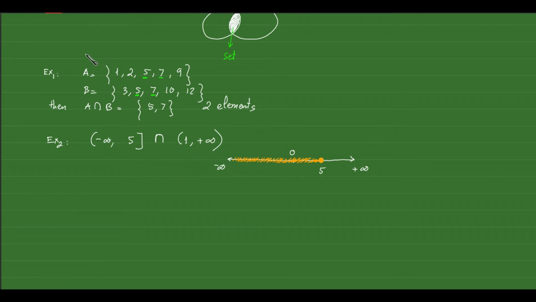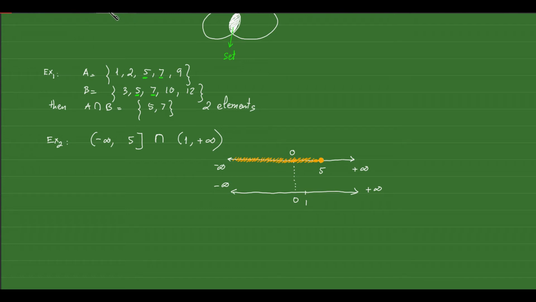Now let's do the second one. It's negative infinity here, positive infinity here, and 0 right here. 0 is still here. So 1 is here. And we want to shade where?